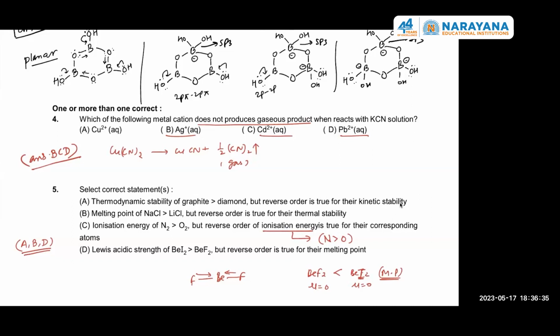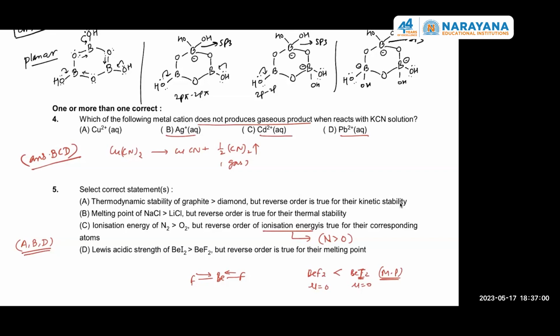But kinetic stability is because of reactivity. Diamond is more stable because it is very much less reactive. Therefore, on that basis, we can say that diamond has more kinetic stability because it is very less reactive.